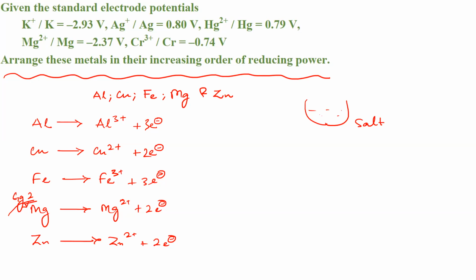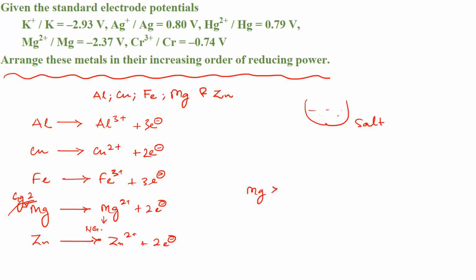If magnesium loses 2 electrons, it achieves Mg2 positive with a noble gas configuration. Hence, we can say that Mg is giving out 2 electrons very easily.